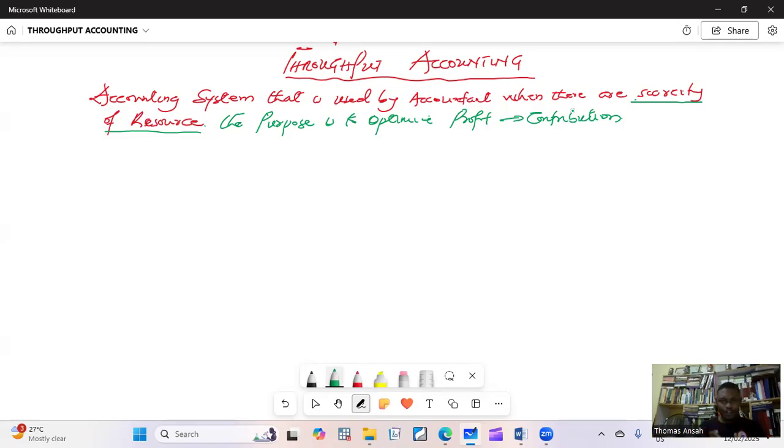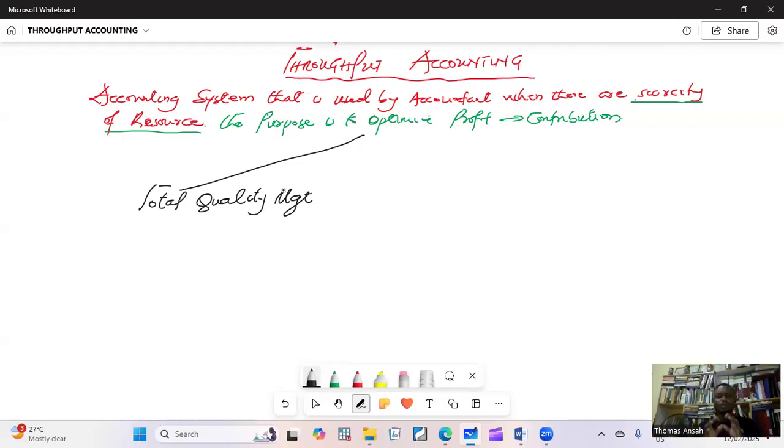Now, at the back of throughput accounting are 2 main concepts that you need to get. So we are looking at what we call total quality management. Why total quality management?